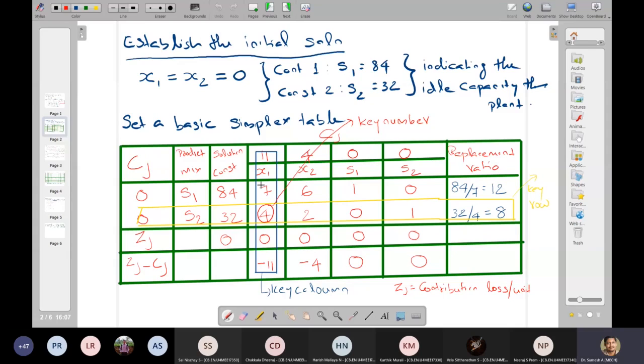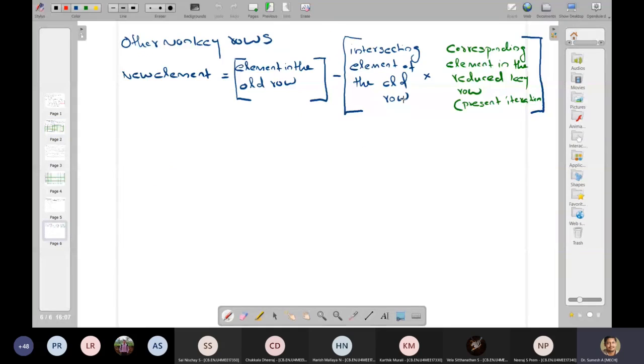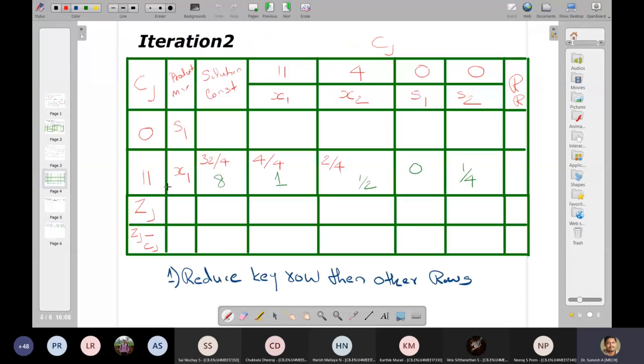Then throughout the next set of iteration, the new value is the intersecting element of the old row multiplied by the corresponding element in the reduced key row, that is, the present iteration. So the present iteration value is 8. Here this column will be 84 minus, inside the bracket, 7 into 8.